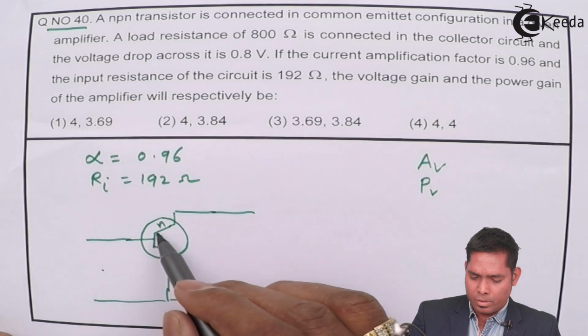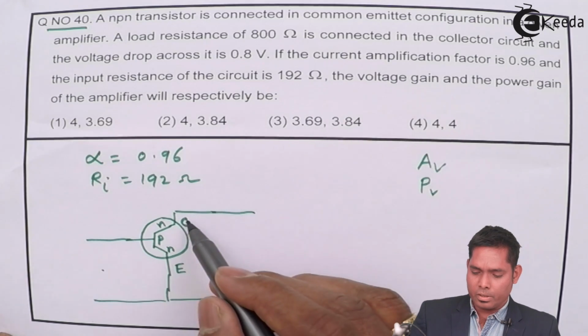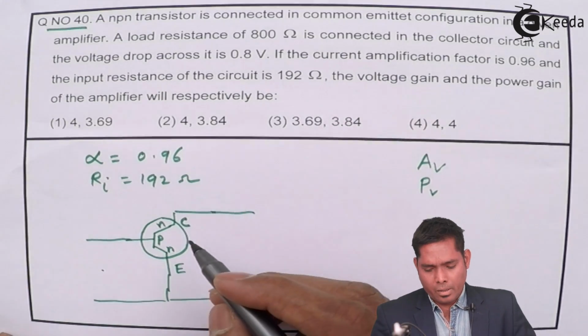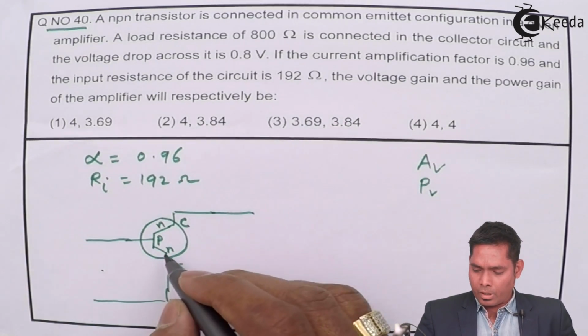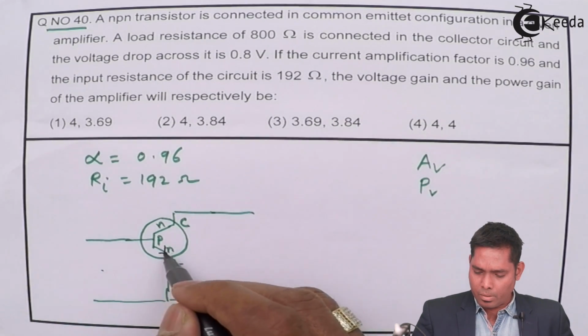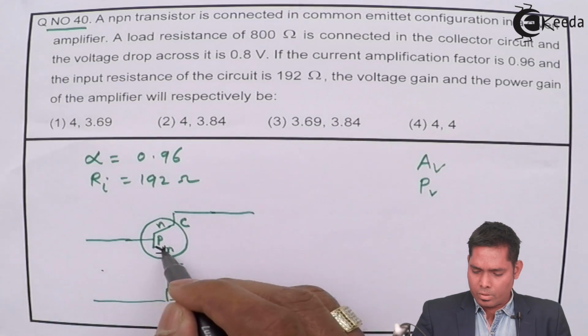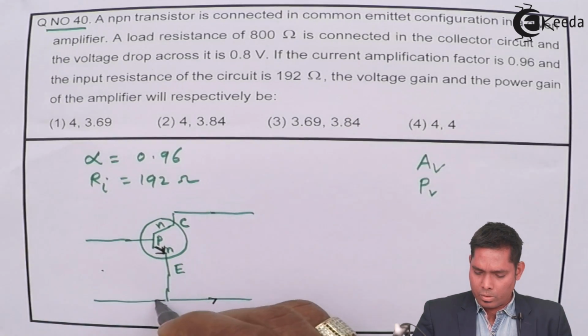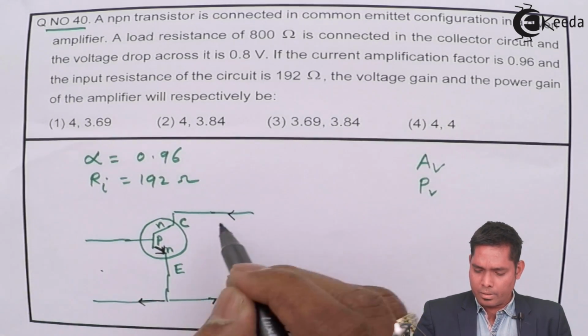So this is the base, this is the collector, base, emitter, and here the direction of the current flow will be in this sense between the emitter base junction. So this is how the circuit looks like.